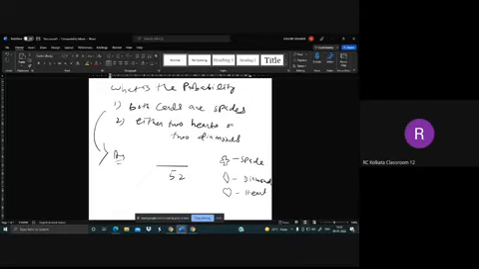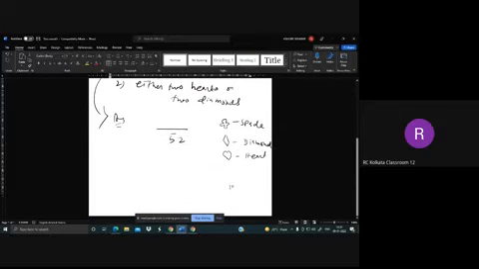Spade, diamond, heart, and one more was there. What is that? That is club. Okay, so this is actually club. This one is actually spade. This is spade. This is club. So how many spade cards are there?